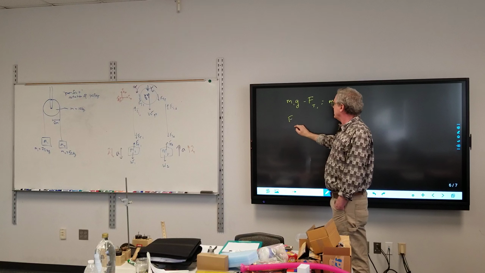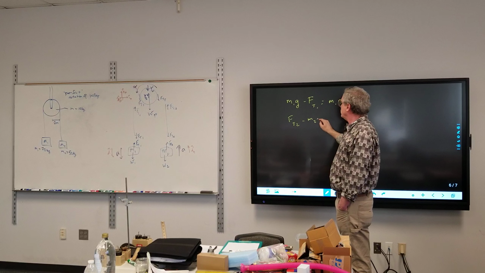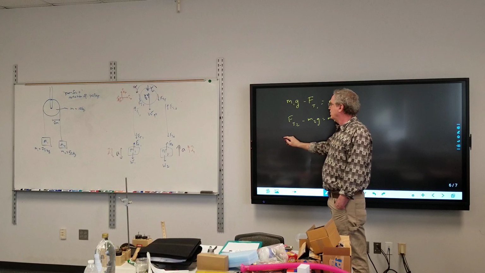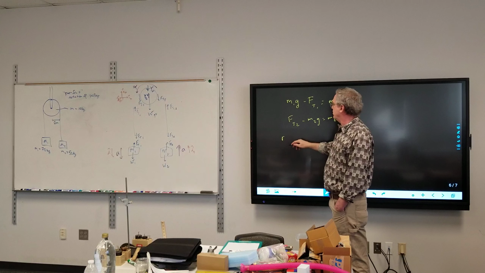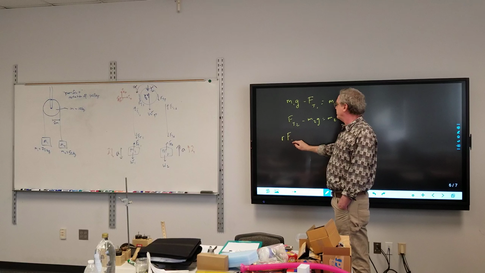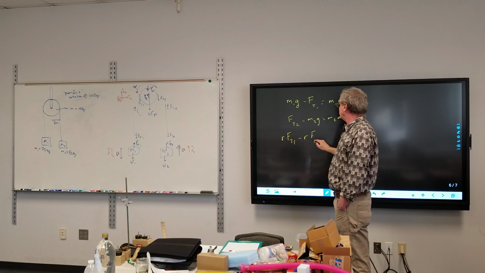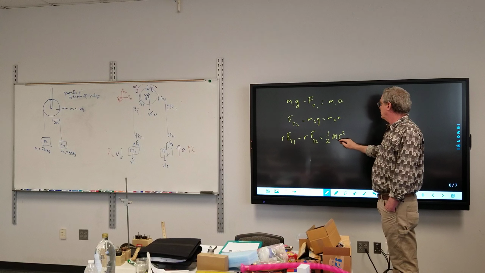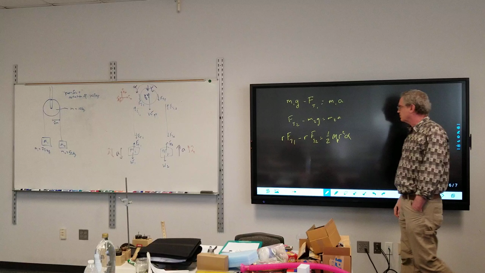I have FT2 minus M2G equals M2A. And then I have only one radius, so I'll just simplify it as R FT1 minus R FT2 is equal to 1/2 M R squared alpha, that's mass of pulley.